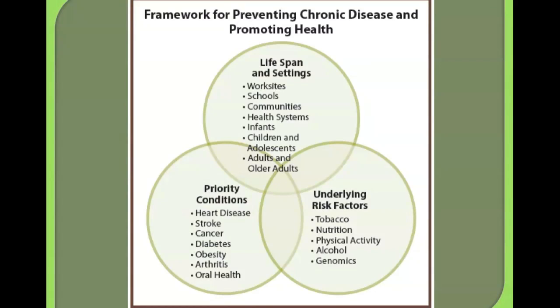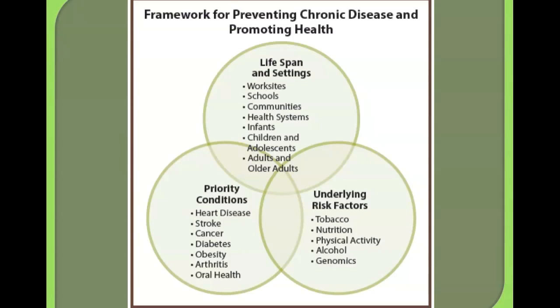How do we deal with this problem? There have been many suggestions, many programs suggesting how to cope with it, how we can reduce it. Here are some areas where we can hopefully ameliorate the incidence and the increasing prevalence of chronic disease in our population. First of all, look at lifespan settings. We need to teach about chronic disease, not just when it occurs, but before it occurs.